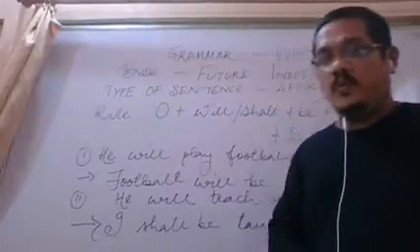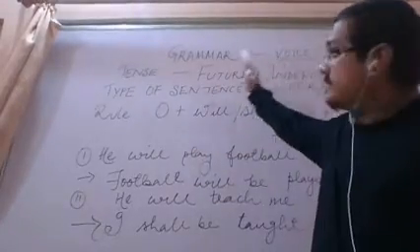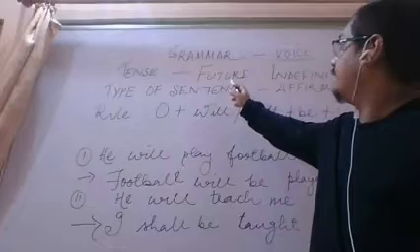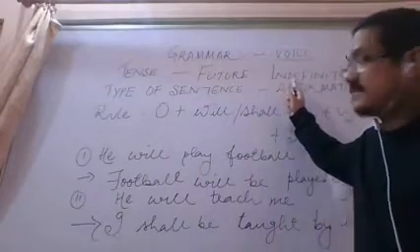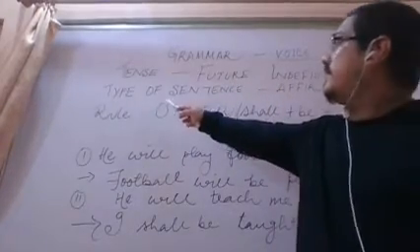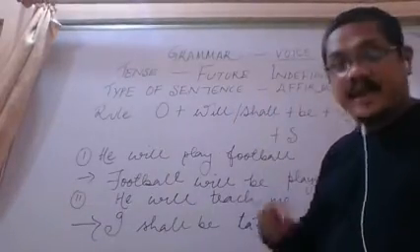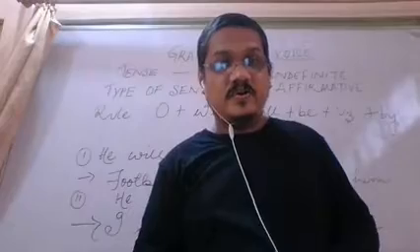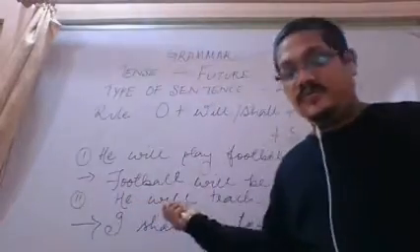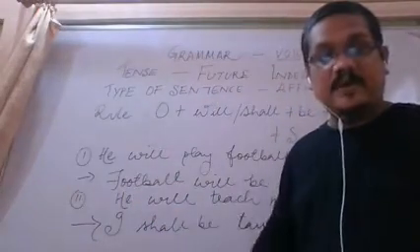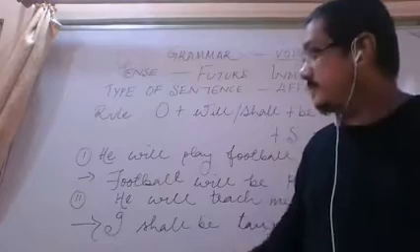So it's voice, then the tense is future indefinite tense, then type of sentence affirmative sentence, and now the rule. Okay, I have written the rule with two examples. Let us see those.